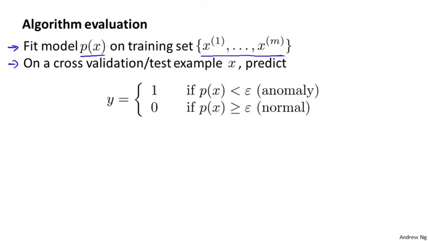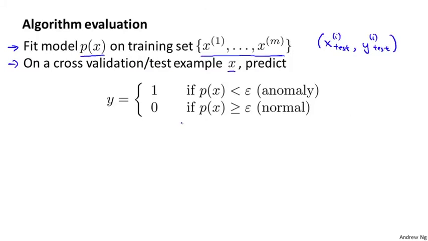Next, on the cross-validation and test sets, we think of the anomaly detection algorithm as trying to predict the value of y. In each of my test examples, we have x_test and y_test, where y is equal to 1 or 0 depending on whether this was an anomalous example.